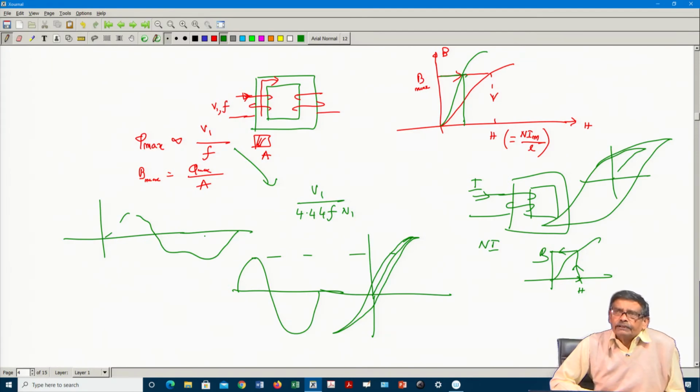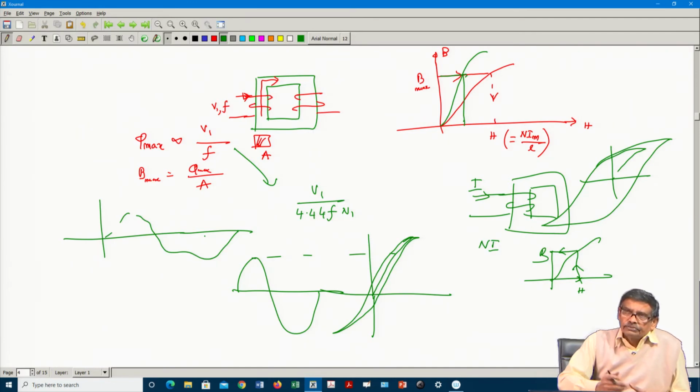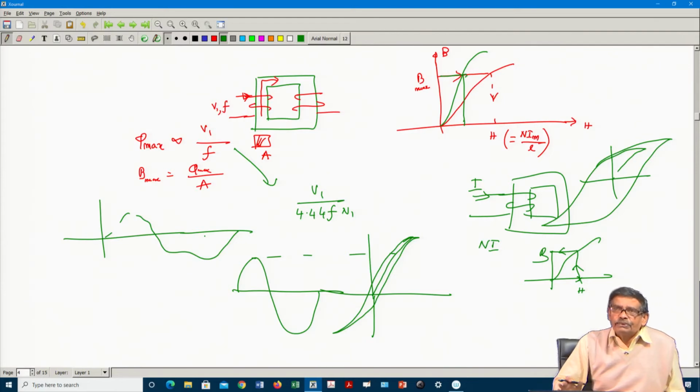This current I can always analyze into Fourier components, with a fundamental component and a next major component, the third harmonic component. So we have analyzed the transformer neglecting the third harmonic component, which is less after all, about 1/3 and so on, and established everything at the fundamental frequency.